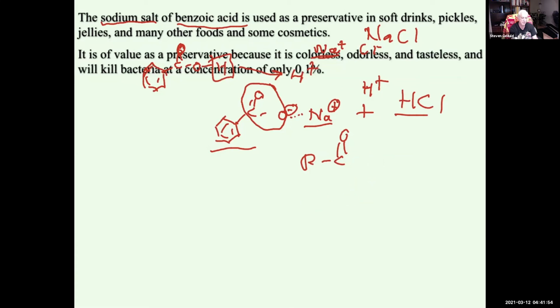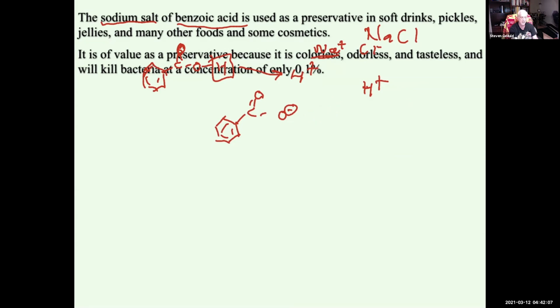In this case, it happens to be benzoic acid. But we can do this with any carboxylic acid. We can donate the hydrogen, which is a proton, leave behind a negative charge, and that's going to attract the positive charge of the salt that's in solution with it, whether it's sodium or potassium. It's going to attract the positive charge, the metal that has the positive charge on it.